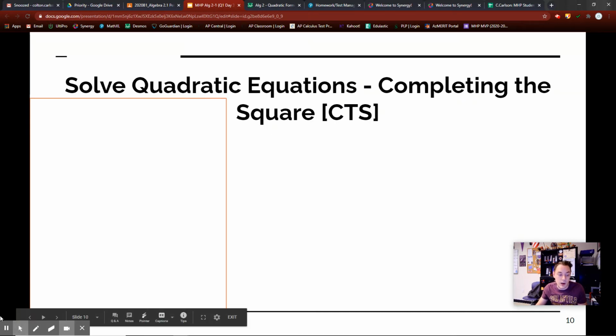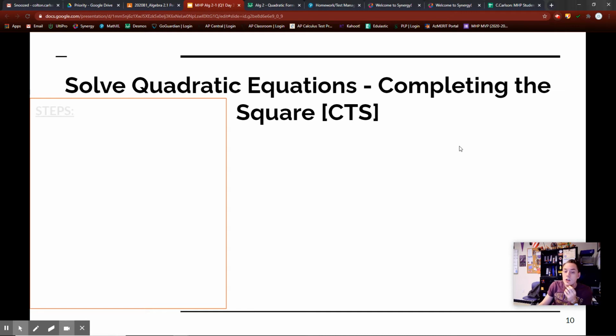So, completing the square. What is completing the square? Well, the term completing the square is derived from the geometric idea of completing a square. The reason it's called a square is because of the square root and also the squared exponent on the quadratic. Many of you may ask, why is it squared?